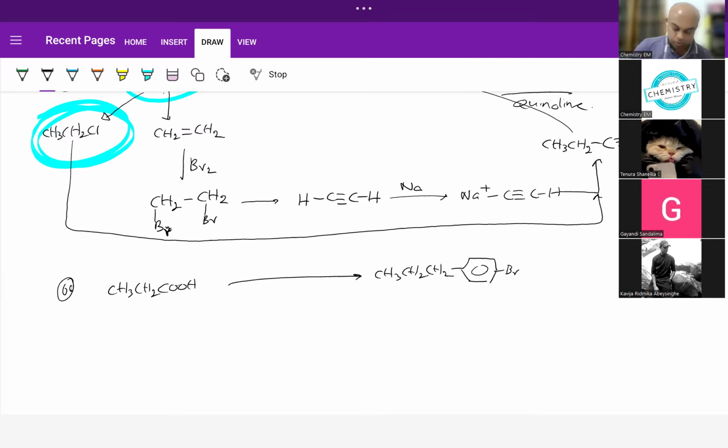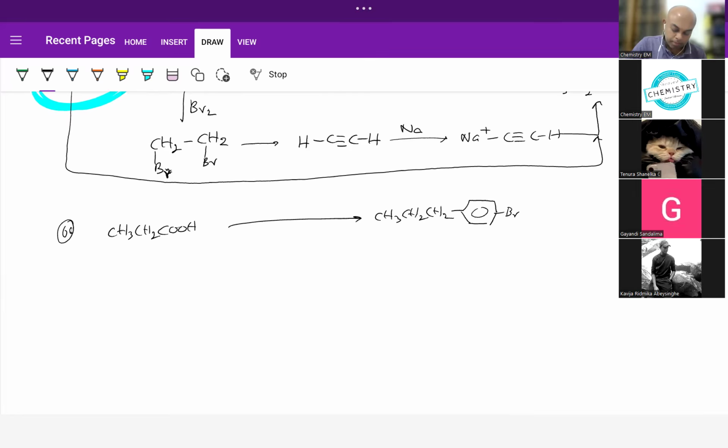Sixth one. Either way, good. So this one I can make the first one the start.